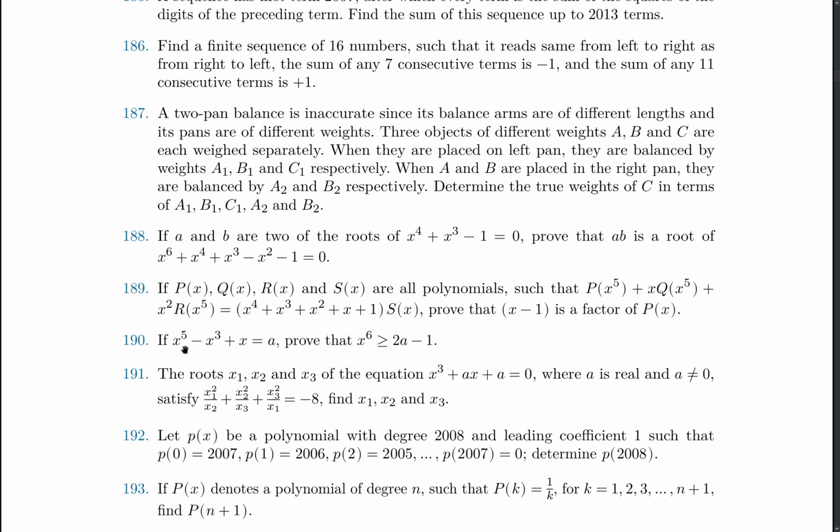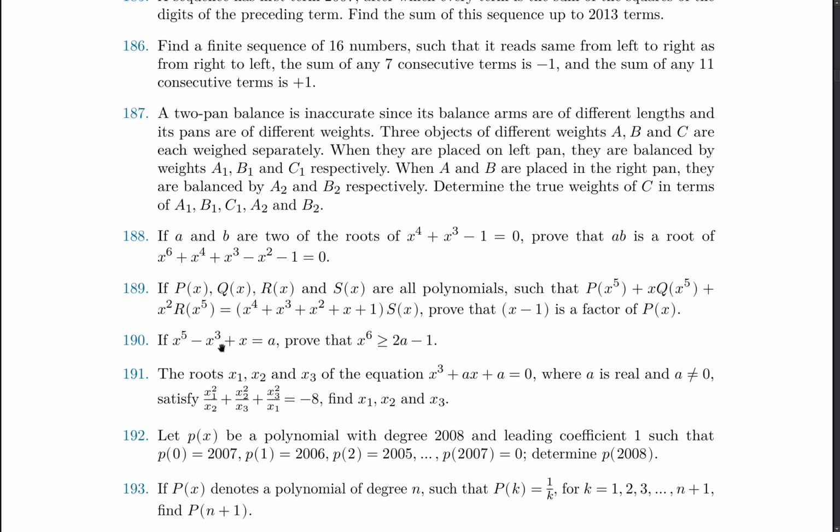Between 0 and 1, x would dominate, so it will become positive. This and this are positive, and this negative term will be less than x. So between 0 and 1, this is positive. Now if it is greater than 1, then x^5 will dominate x^3, and again a will be positive. Now we look at negative numbers.